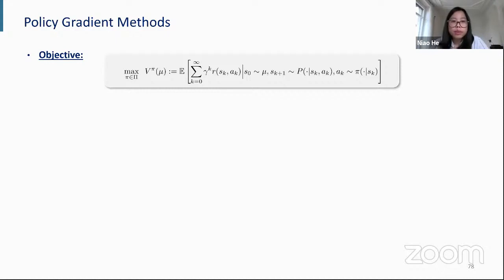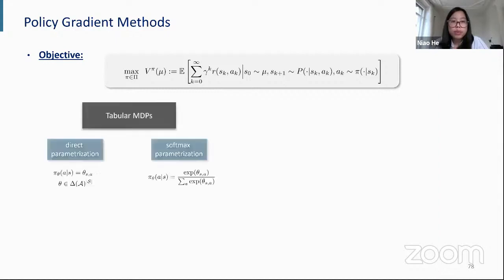Say, for instance, in the tabular setting, we can use direct parameterization. So basically, for any state action pair, you can use one parameter theta to represent it. So your theta basically is going to be in some high dimensional simplex.